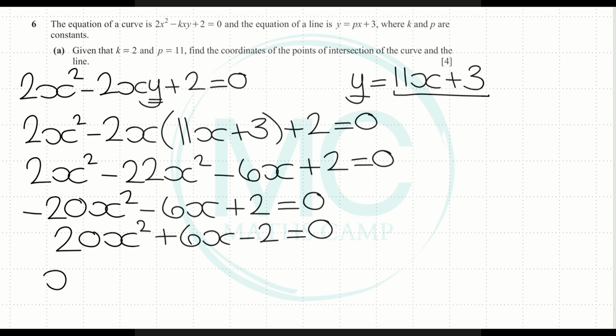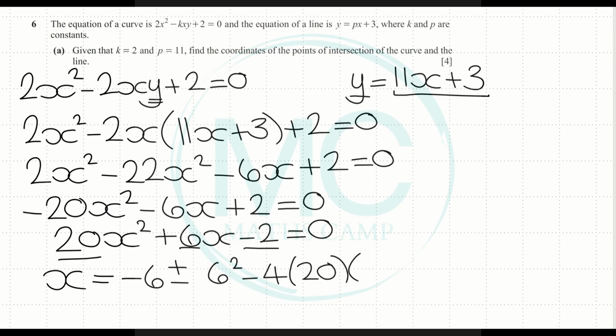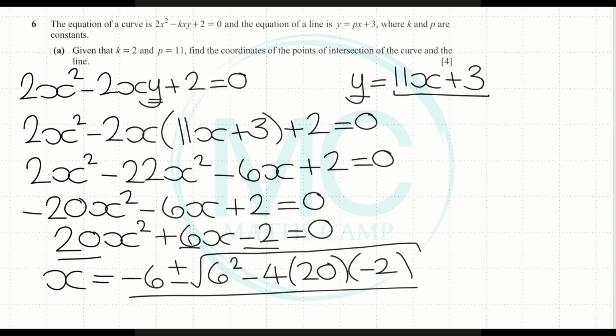So we can say that x is equal to negative b, which is 6, so negative 6, plus minus the square root of b squared, 6 squared, minus 4 multiplied by a, which is 20, multiplied by c, negative 2, all over 2 multiplied by a, which is 20. 2 multiplied by 20 gives us 40.